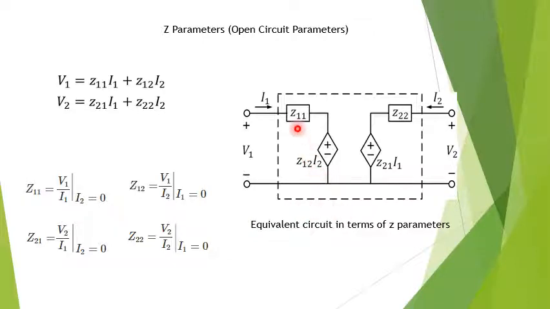You see Z11 is in the series arm at the input port, Z22 is in the series arm at the output port, and then we have two current controlled voltage sources. The magnitude of one voltage source is Z12 into I2, and the magnitude of the other voltage source is Z21 into I1.